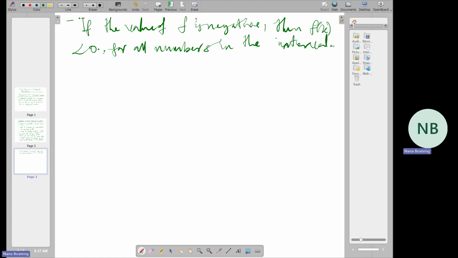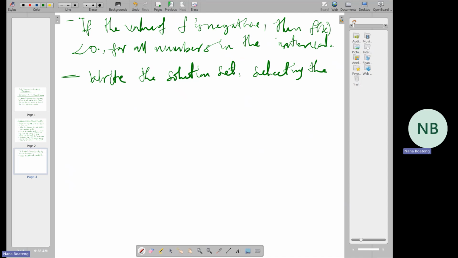All right, and the last step is we write the solution set after testing using these test values and finding out whether f of x is greater than 0 or less than 0. We write the solution set, selecting the interval or intervals that satisfy the given inequality.